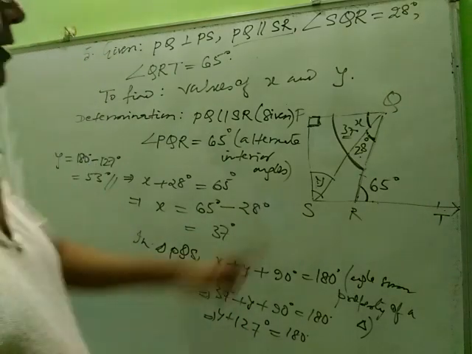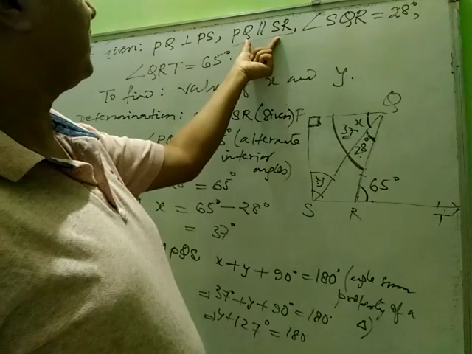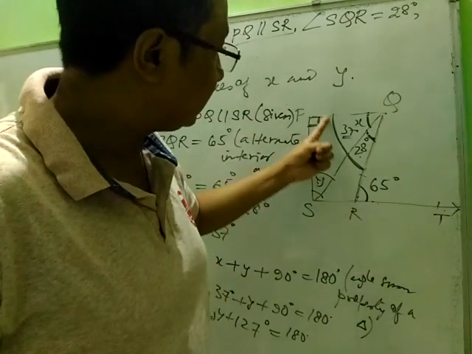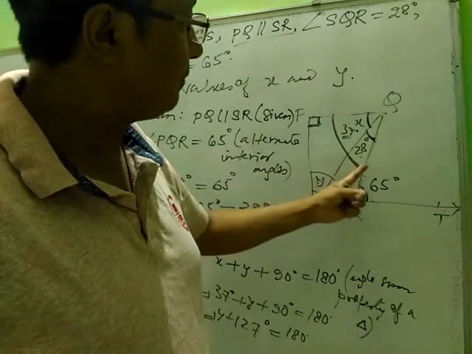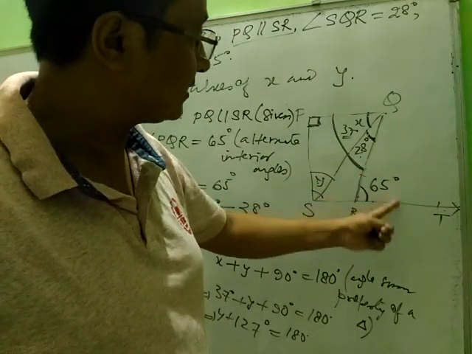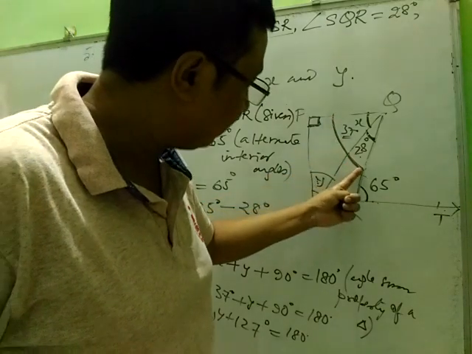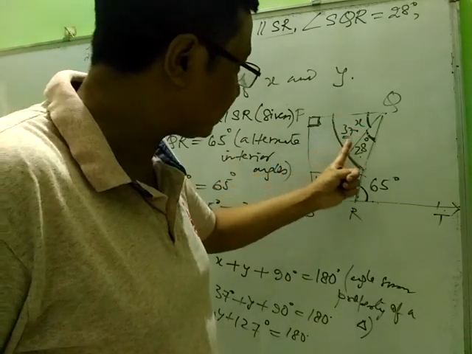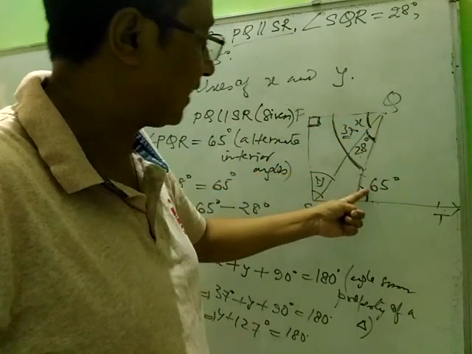So it's very simple. The main point is, as these two lines are given as parallel lines, this angle equals 65 degrees. They form a pair of alternate interior angles, and this angle is the sum of the two angles, x plus 28, so angle PQR equals 65.